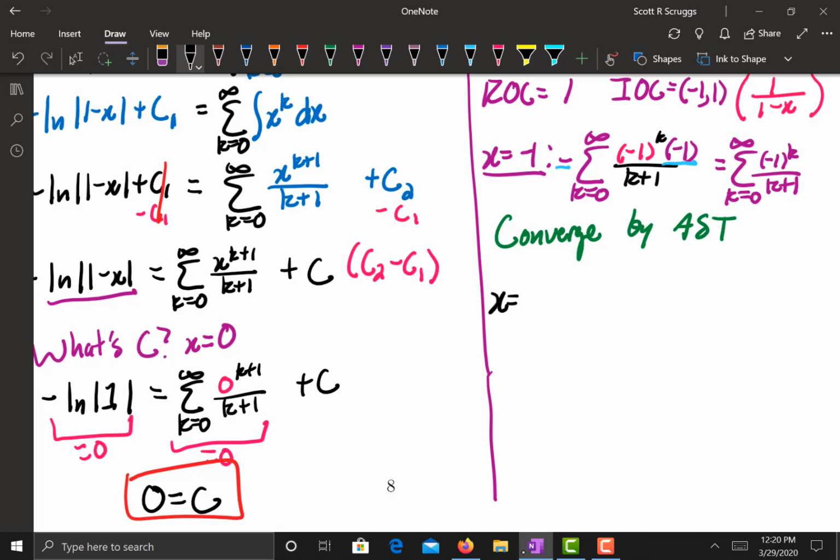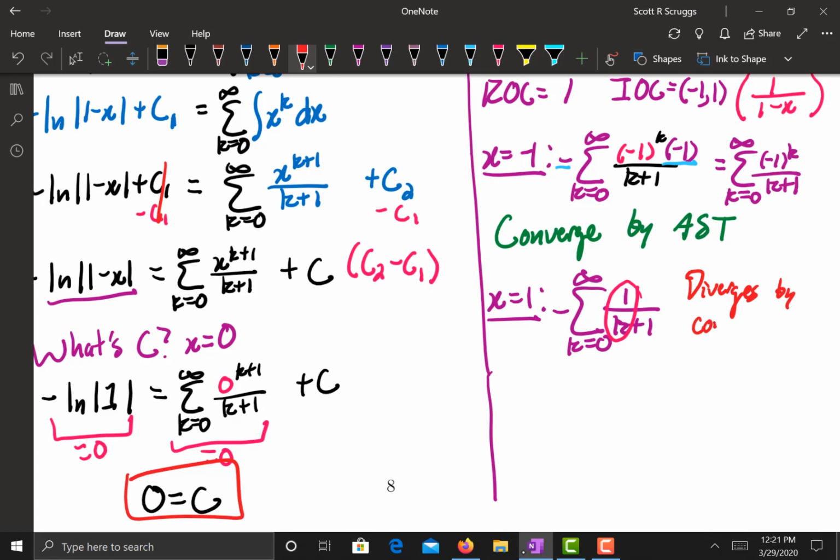But if I plug in x equals 1, I get negative the sum from k equals 0 to infinity of just 1 over k plus 1. Now I have something that looks very similar to a p-series, so I'll go ahead and let y'all know this diverges by comparison tests.